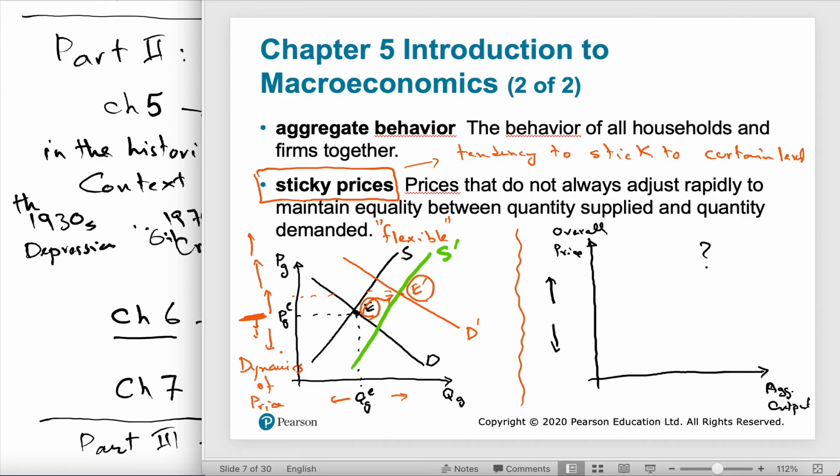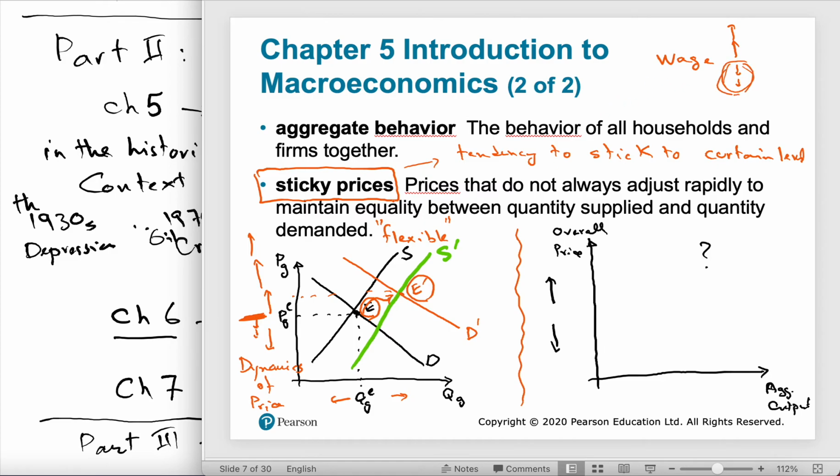Not only in the goods market, but also in the labor market and capital market, especially in the labor market. The price of labor is the wage, and the wage can easily go up because the workers and the company owners accept an increase of the wage, but a decrease of it is a bit of a challenge, okay?